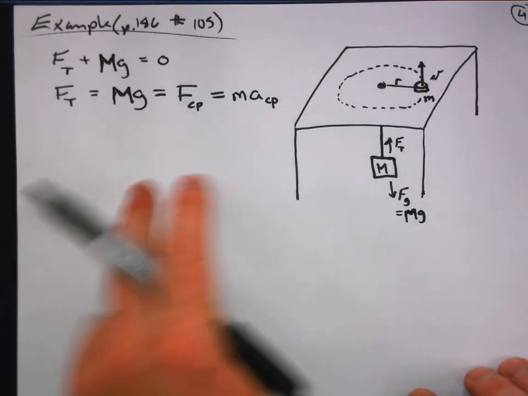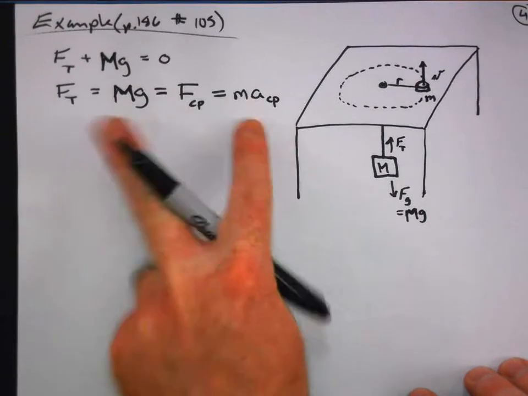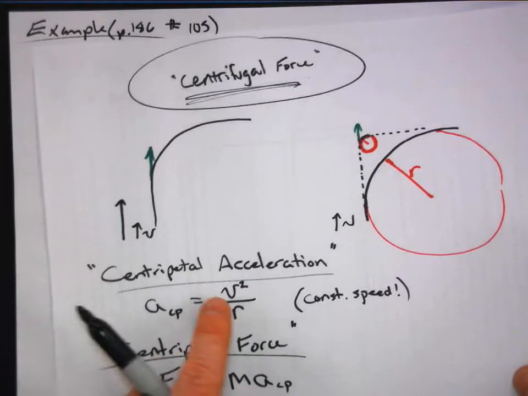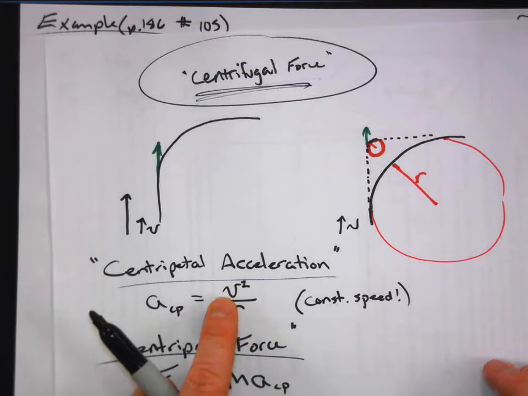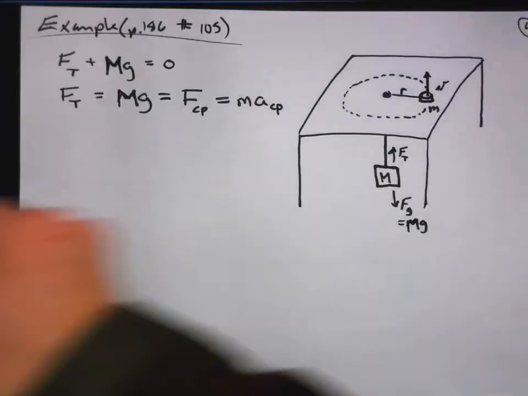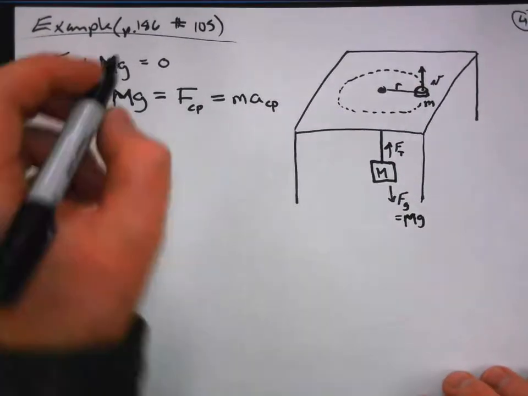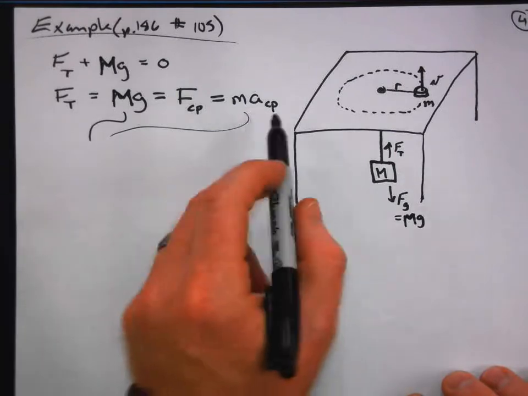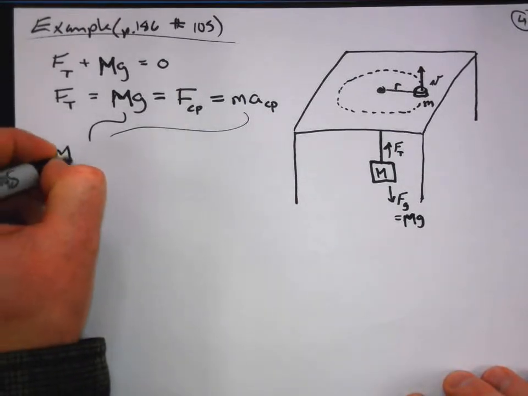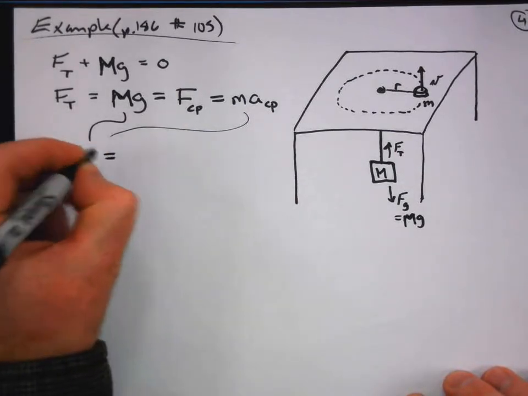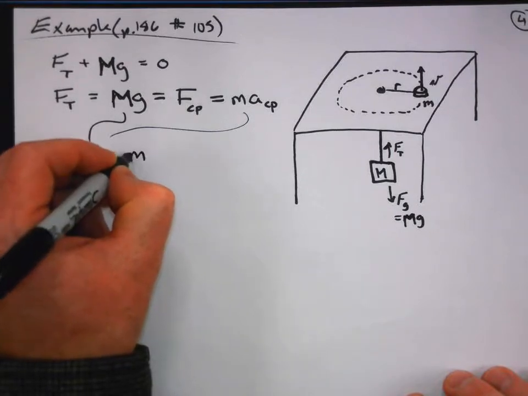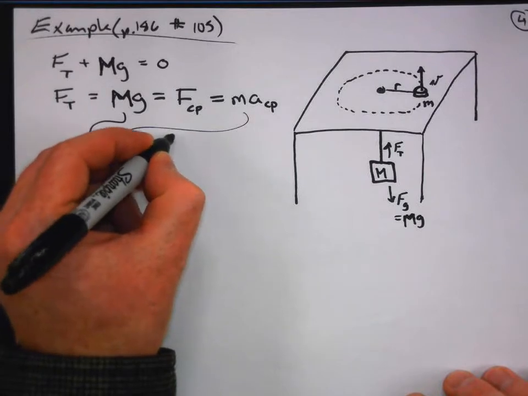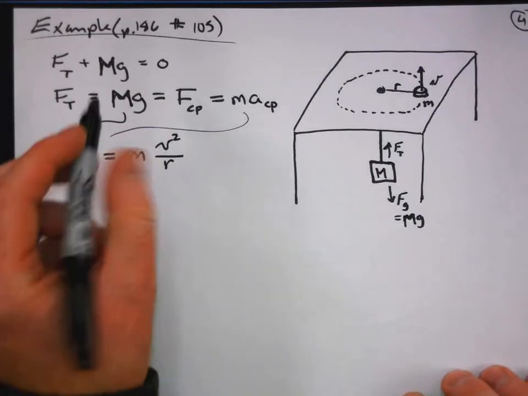And this now is going to be a useful equation, because I know that inside the centripetal acceleration is hidden a v, a velocity, and that's what the question wants to know. So I'm going to do a simple rewrite. I'm going to take this term and borrow it and rewrite the a. And so capital M times g equals lowercase m times, and now instead of a_cp, I'm going to write v squared divided by r. There we go.